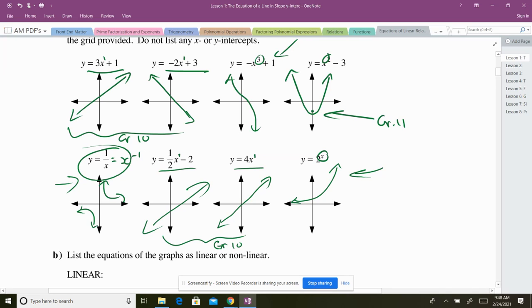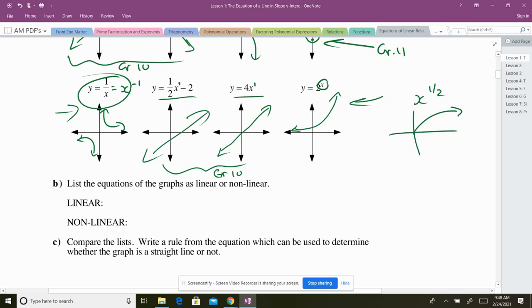So the exponent here is -1. If it's not 1, it's curved. If it's a fraction, it's curved. If you have x to the power of 1/2, you'll learn this in grade 11. That graph looks like this. Anything that is not 1 is nonlinear.